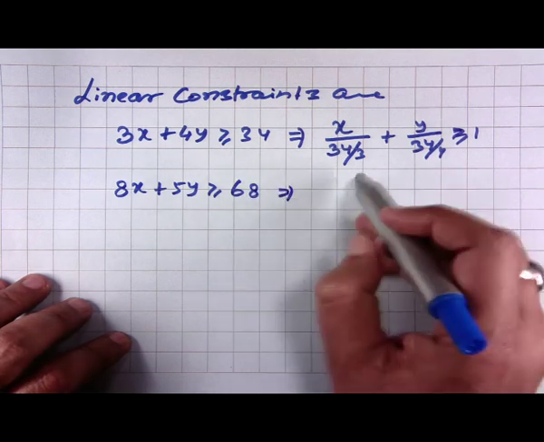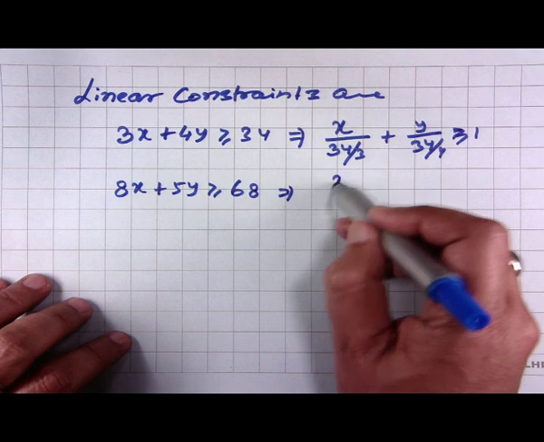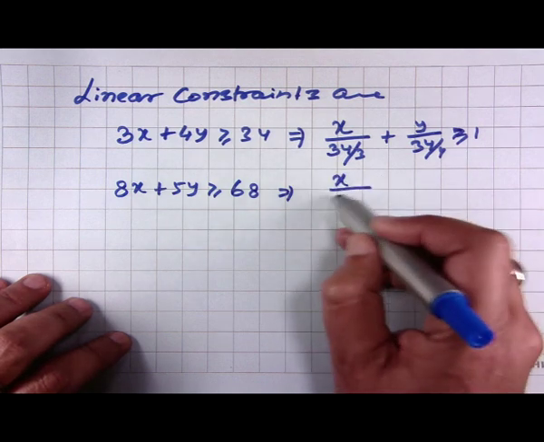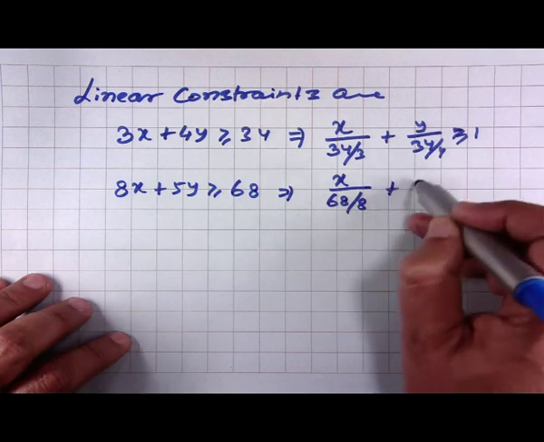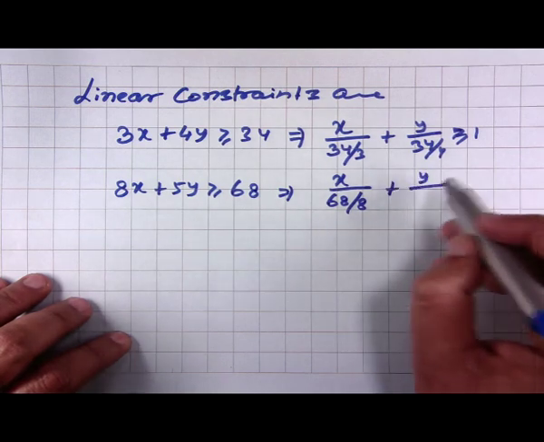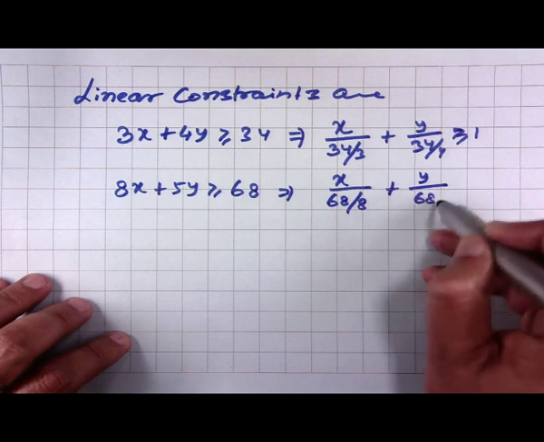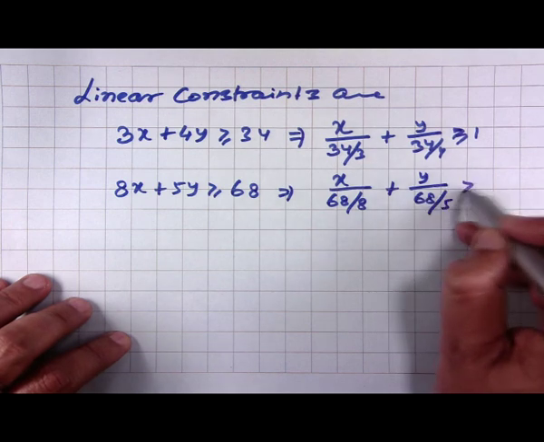This implies x by 68 by 8 plus y by 68 by 5 is greater than or equal to 1.